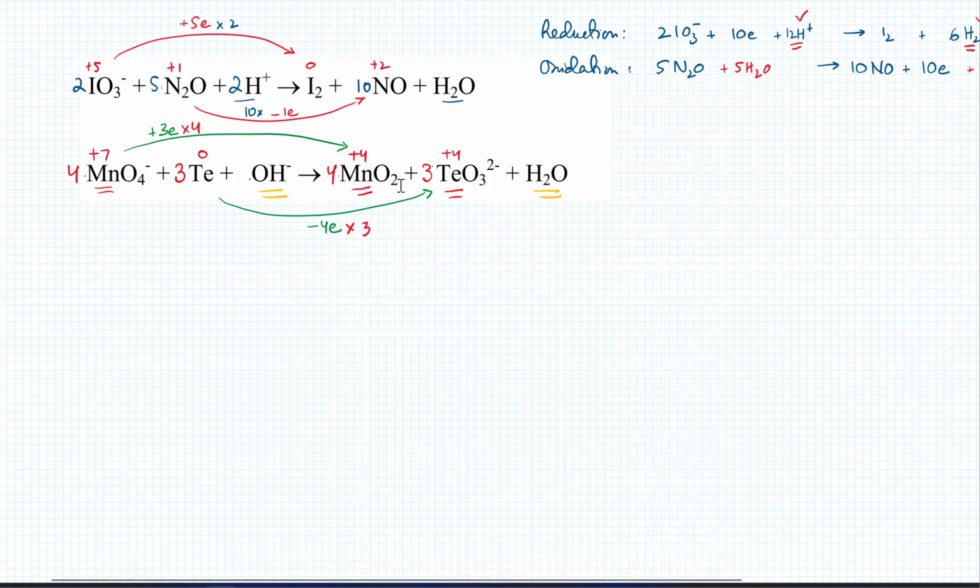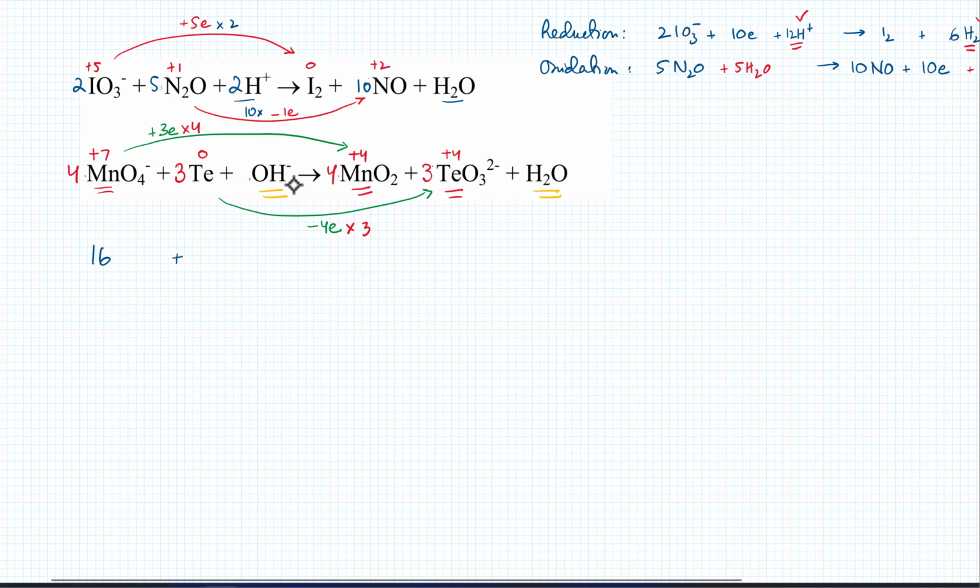How many oxygens do you have? Count the oxygens. You've got 4 times 4, that's 16 on this side. And there's a certain number of oxygens over here.